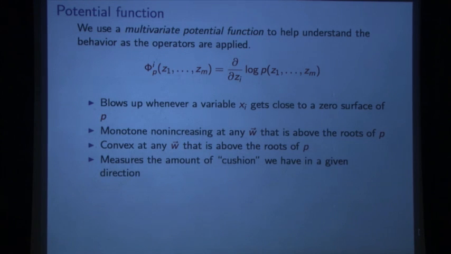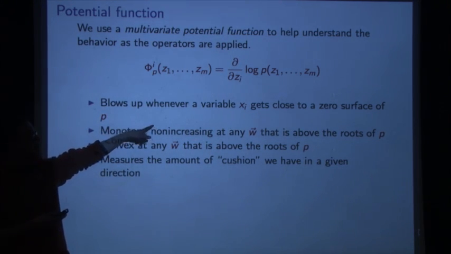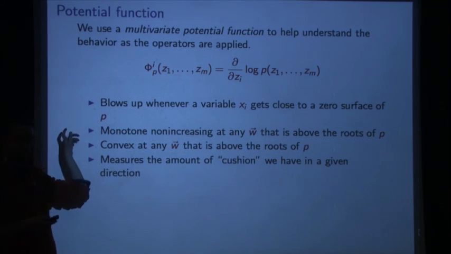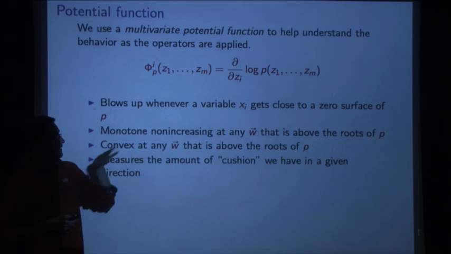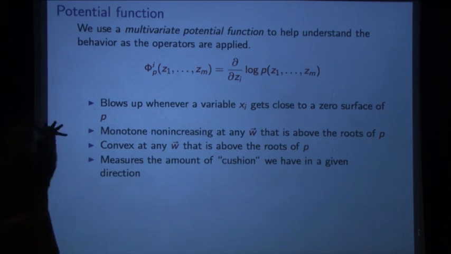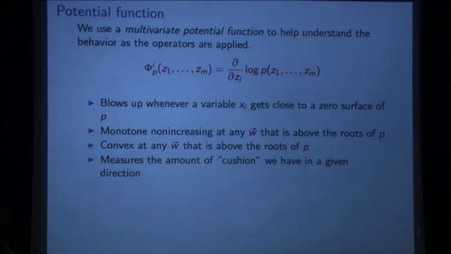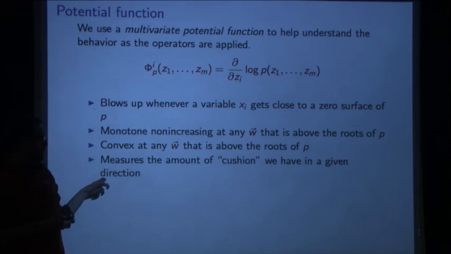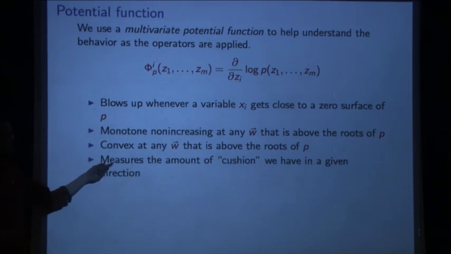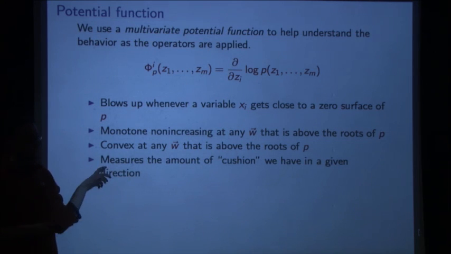So what are the important properties of this? Well, first of all, it blows up whenever a variable gets close to a zero surface of P. It's monotone, non-increasing for any w that's in this lobe above the roots of P. It's convex at any w that's above the roots of P. And the idea is that it measures the amount of cushion we have in a given direction.